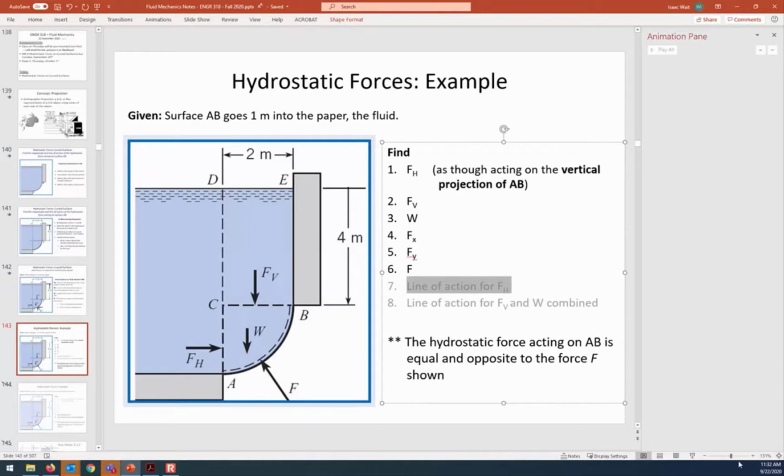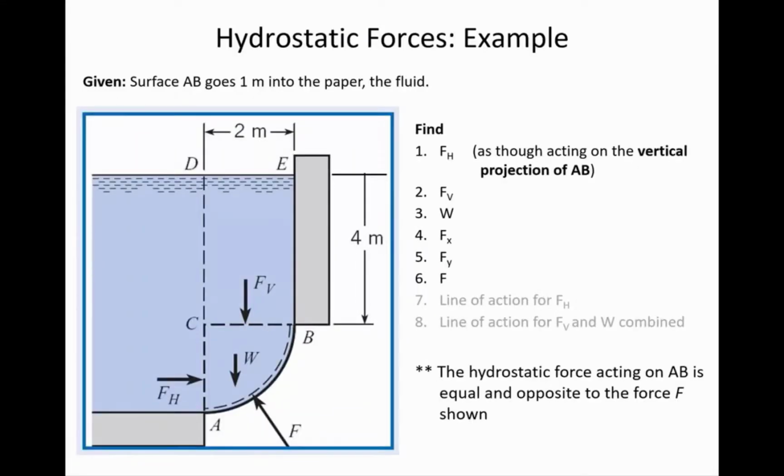By the way, I think now is a good time for me to ask, there's something about W that's different from FV. Check out the location where they have placed FV. Looks like it's in the center. So you notice it looks like it's right in the middle between C and B. So that's FV.